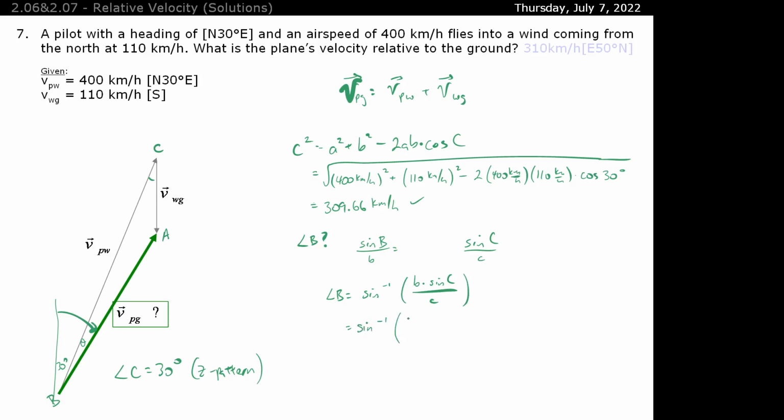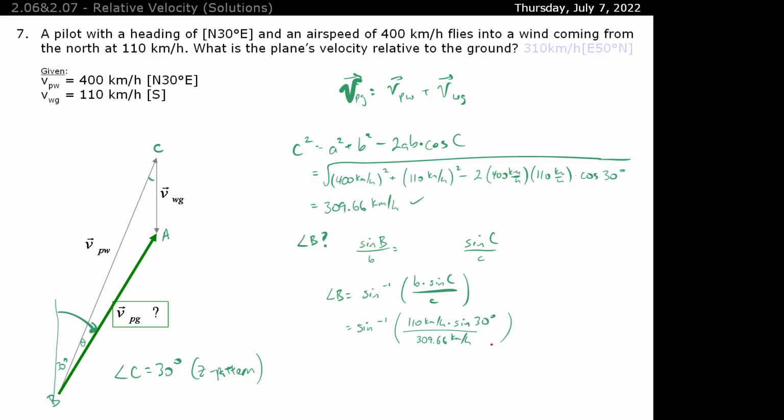Okay, little b is equal to WG, which is 110 kilometers per hour, times the sine of, and I hope we carried enough sig figs. Yeah, we did. 30 for there, and 309.66 km per hour down here.